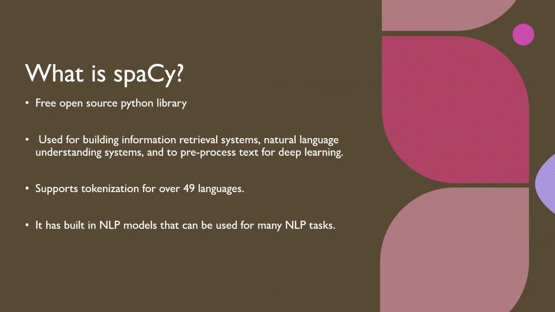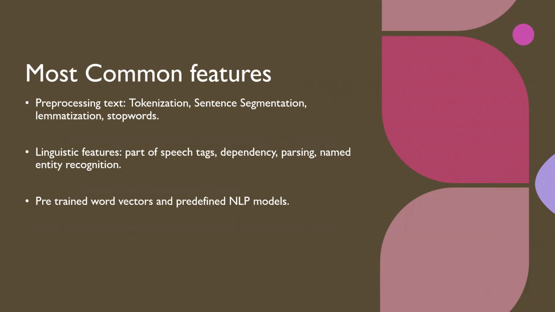Now I'm going to talk about the most common features that exist within spaCy. For pre-processing text, we have tokenization, sentence segmentation, lemmatization, and stop words.